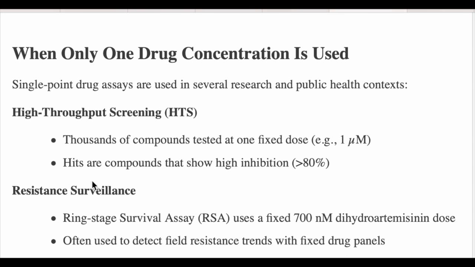There are also resistance surveillance assays where you may want to pick just one dose. So here with the ring stage survival assay, for instance, you use a fixed dose of, for example, 700 nanomolar dihydroartemisinin. And these are often used to detect field resistance trends with fixed drug panels.